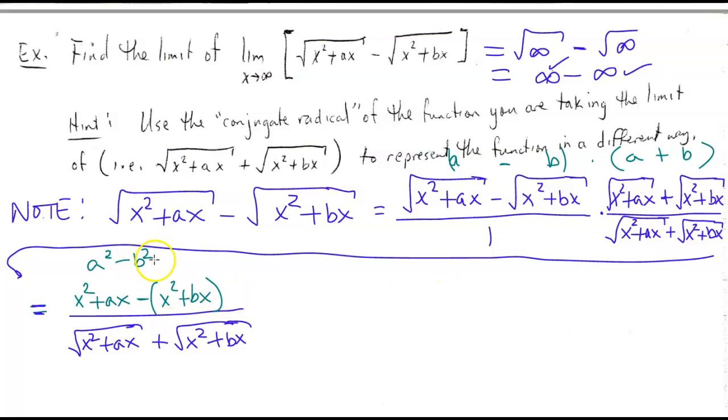So now that we have that, then of course, I'll just distribute this negative here to both terms here, and that ends up giving me x squared plus ax minus x squared minus bx, and all that over the same thing I had in the denominator before.